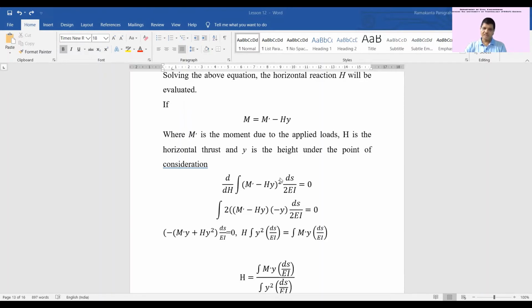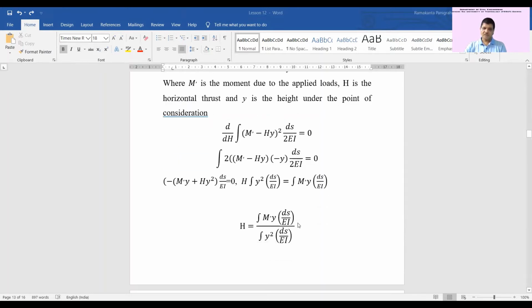Then if you differentiate with respect to H, it will be minus Y ds by EI. So it will further solve. You multiply M dash Y, minus H into Y square, is equal to 0. So then H into integral of Y square ds by EI is equal to integral of M dash Y ds by EI. So from this relation, you can find the final formula.